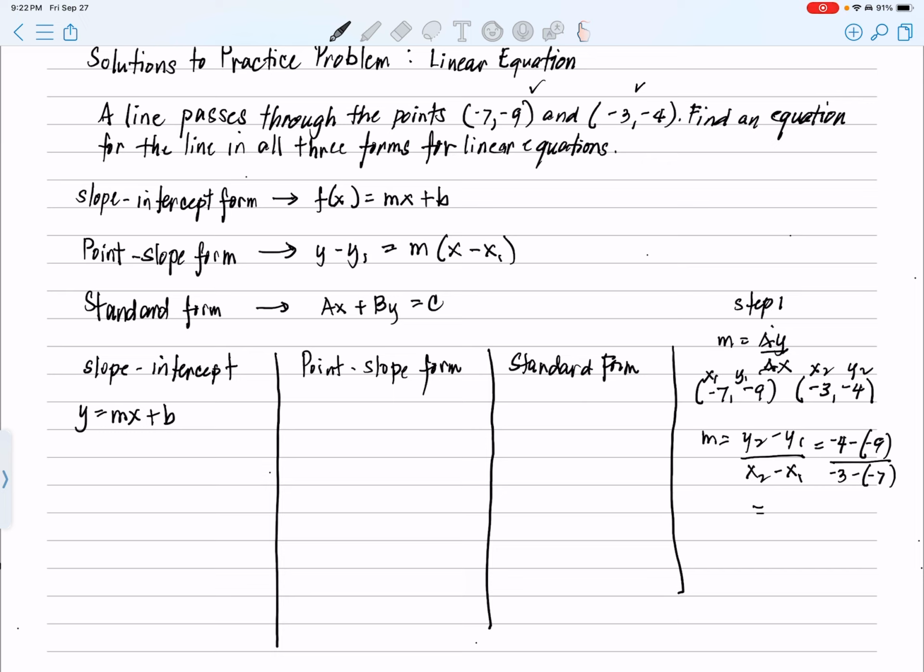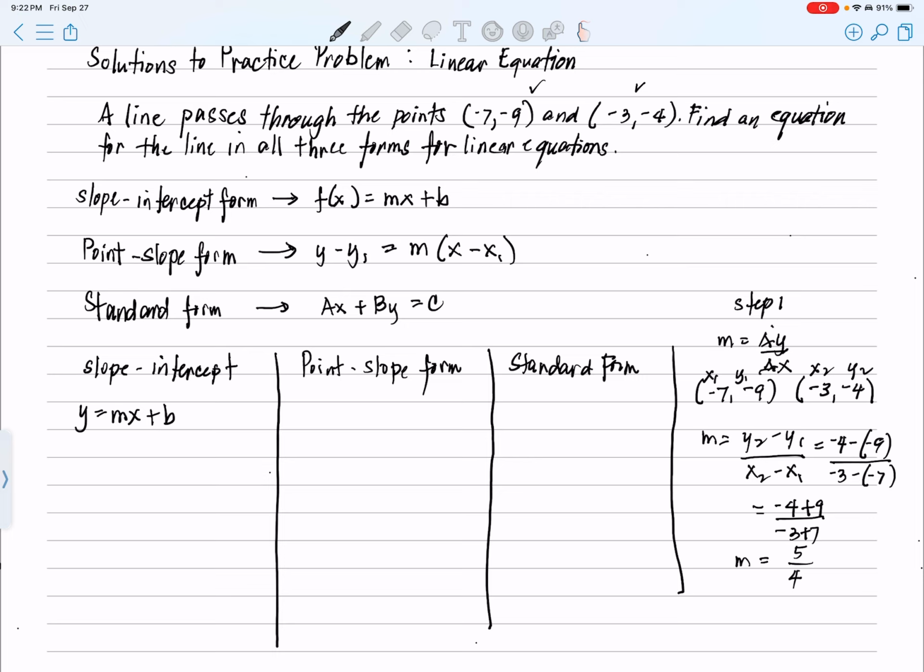Simplifying, that would be -4 plus 9 and -3 plus 7. So the slope would be -4 plus 9 is 5, -3 plus 7 is 4. So we have the slope.